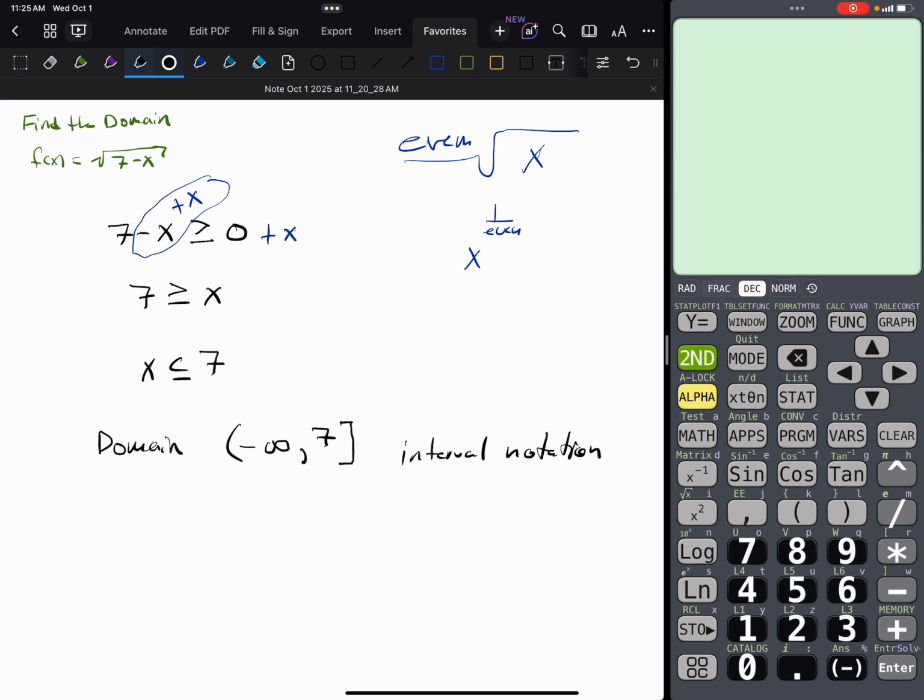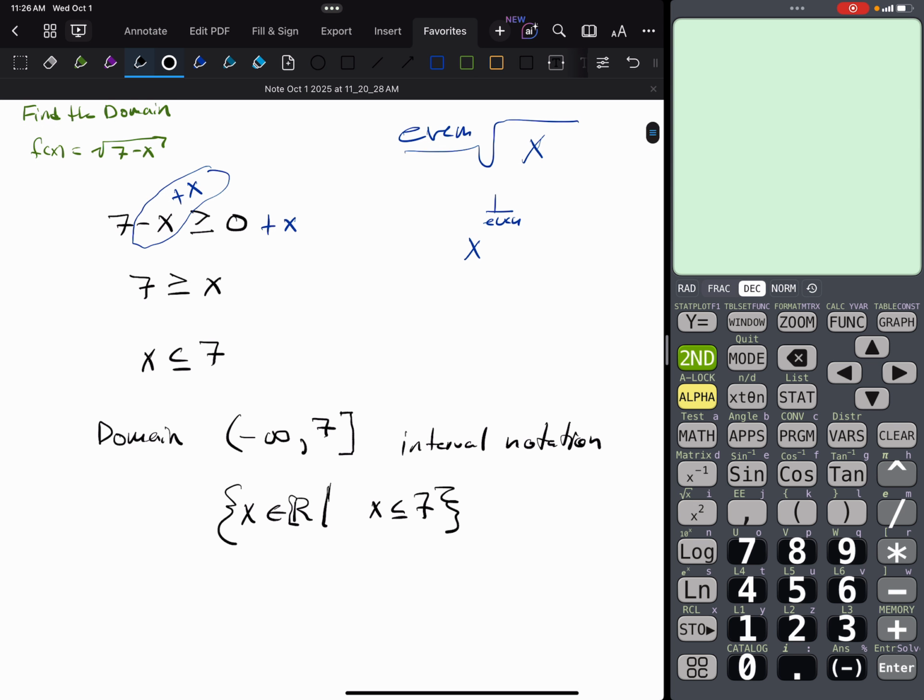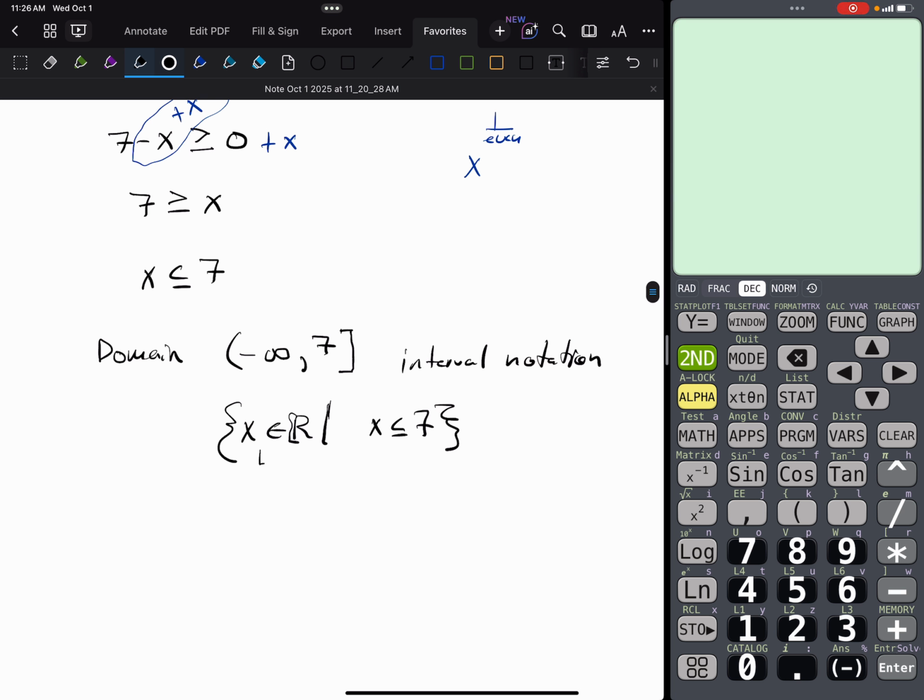I could also write this in set notation, where I could say that x is a real number such that x is less than or equal to 7. That would be another good way to write it. Your textbook actually leaves off the "is an element of the real number set," but this is math speak, and it's important.